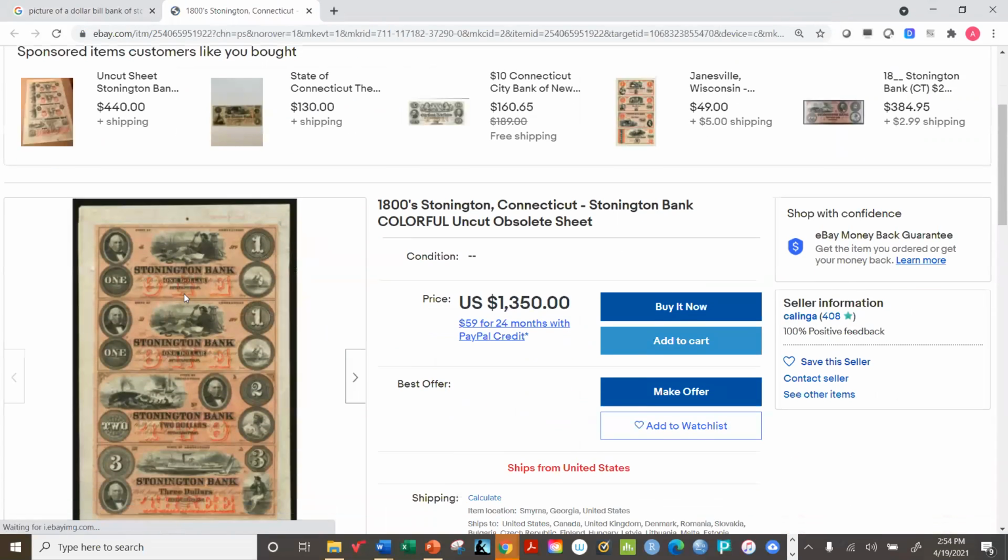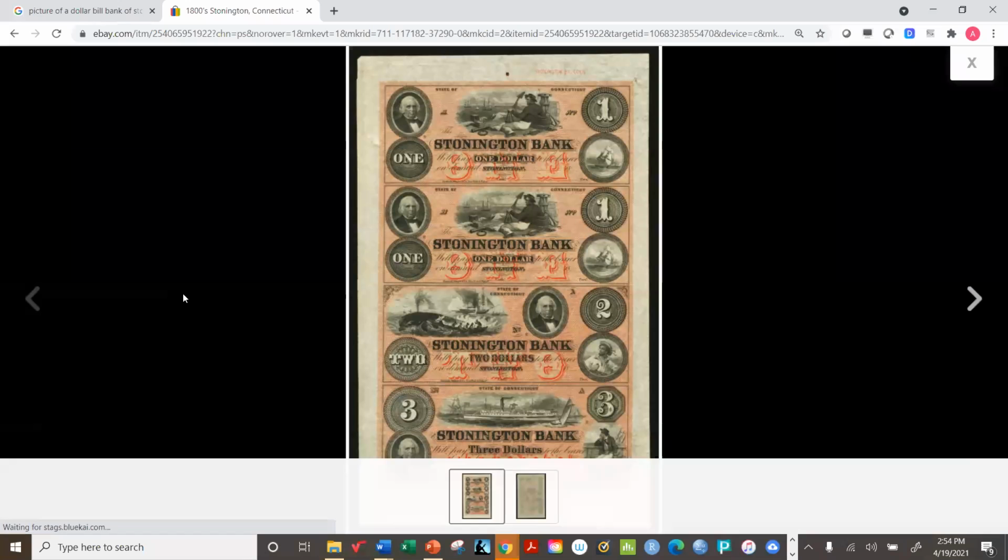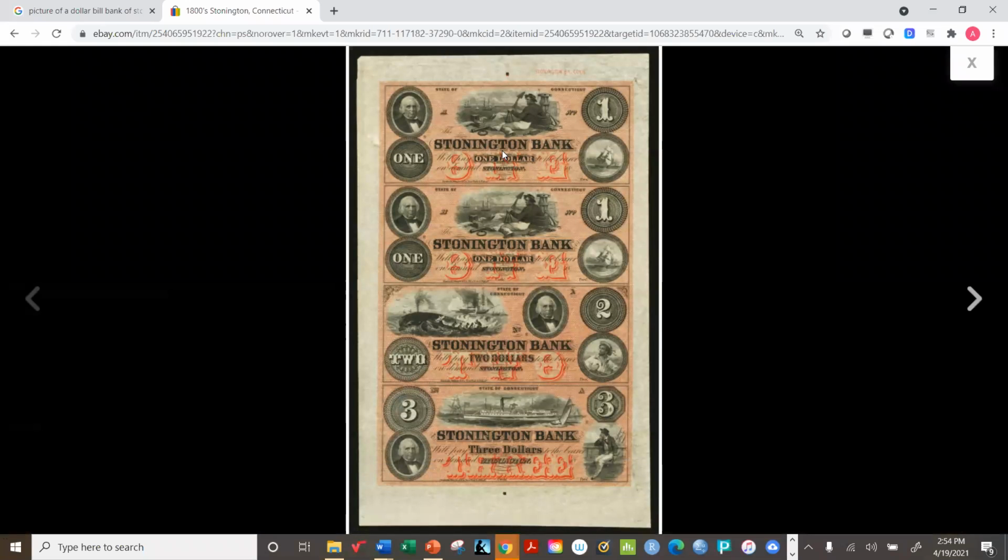All right, I think I got what I was looking for. This is a picture of a dollar bill issued by Stonington Bank, which is in Connecticut. This is a $1 bill issued by the Bank of Stonington, which is a small bank in Connecticut, and it circulated side by side with all the other paper money in the economy, as well as the coins.